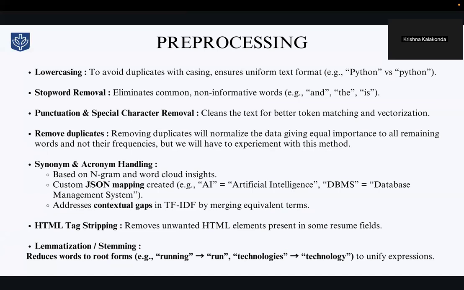We also removed the duplicates, and did synonym and acronym handling. We have done contextual gaps in the TF-IDF by merging equivalent terms, and we have assigned, like, artificial intelligence to AI, and database management system to DBMS.